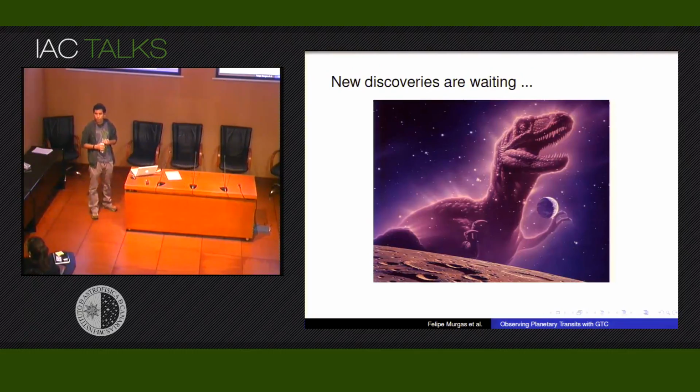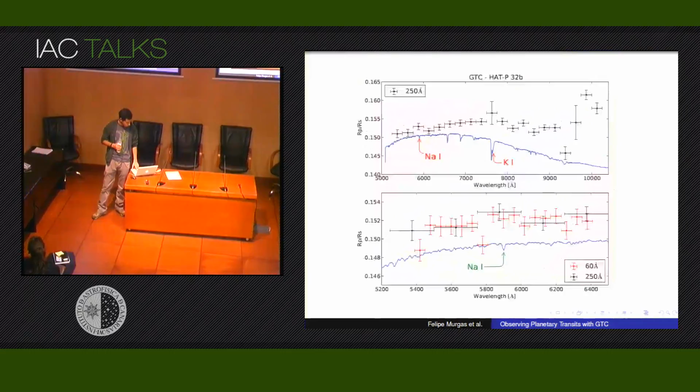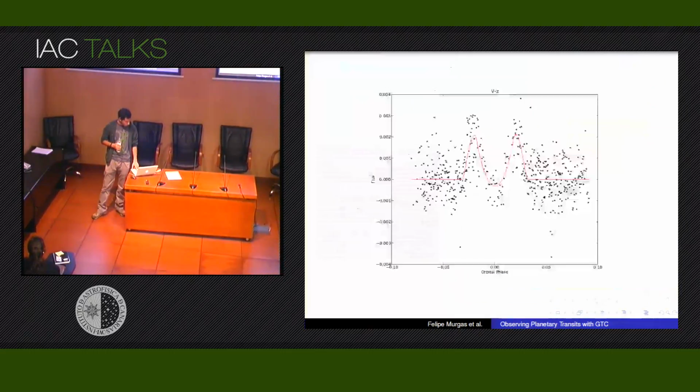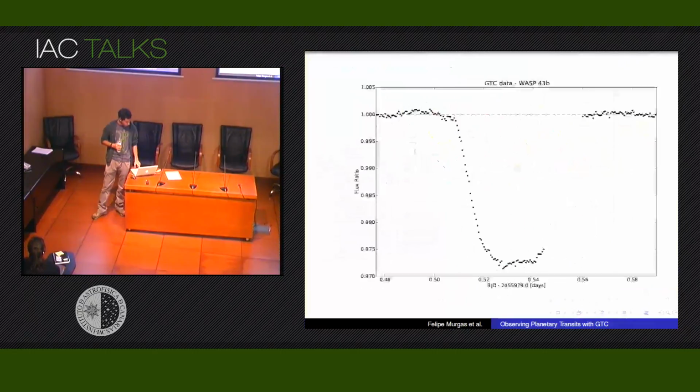In the curve for WASP 43, there was something like a bump close to the... What was causing that? Yeah, this could be a systematic, I guess, because in this particular set we have a lot of systematics.